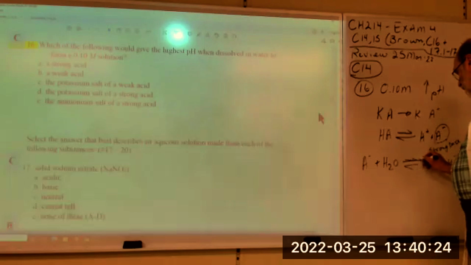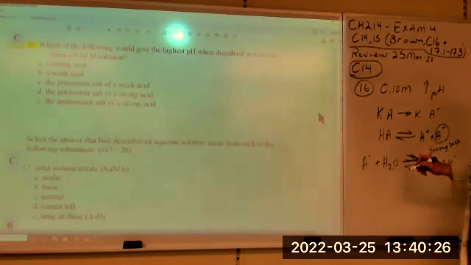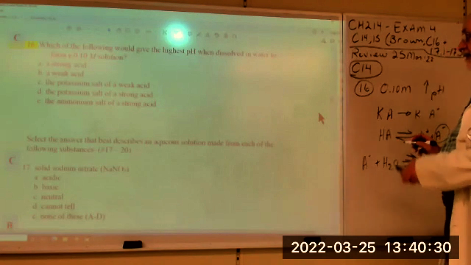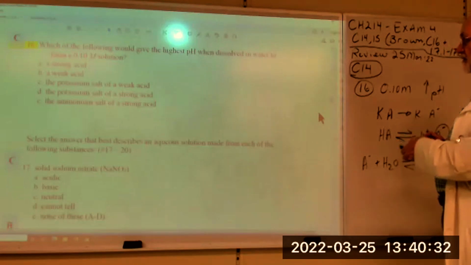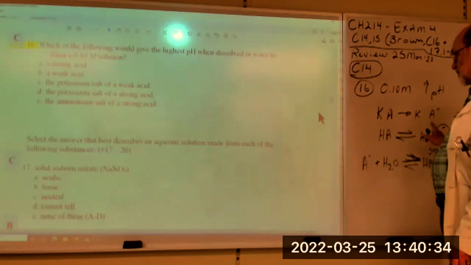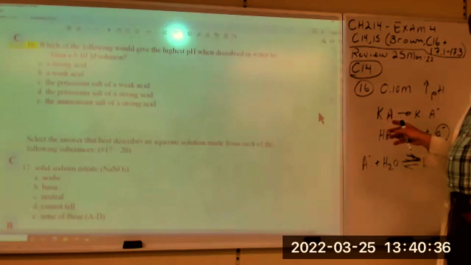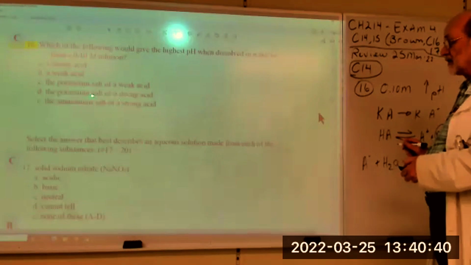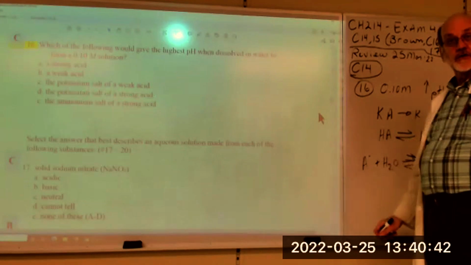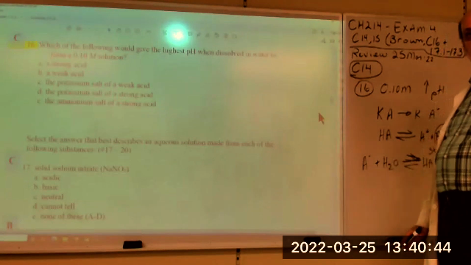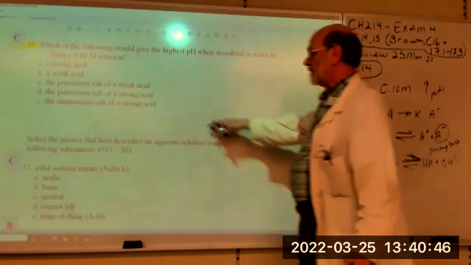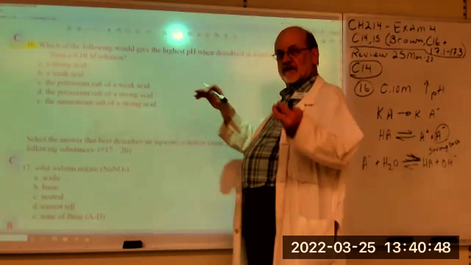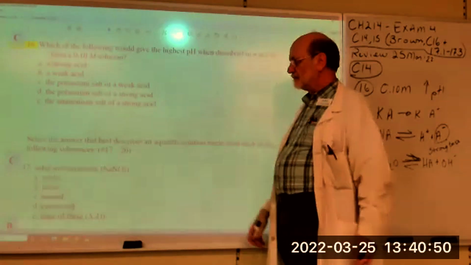And it's way, way over on this side. So the potassium salt of a weak acid would produce a very basic solution. The potassium salt of a strong acid would produce a neutral solution because KOH is a strong base and the strong acid, strong base makes neutral.